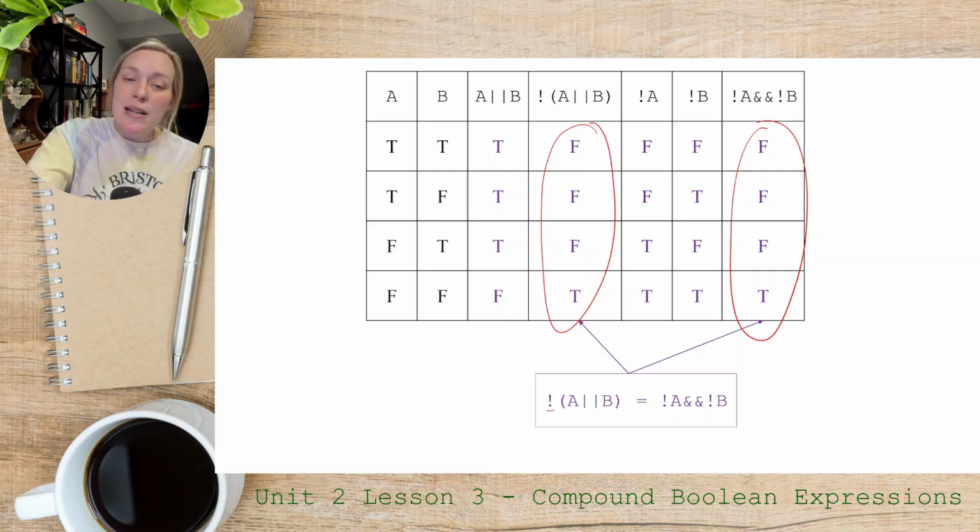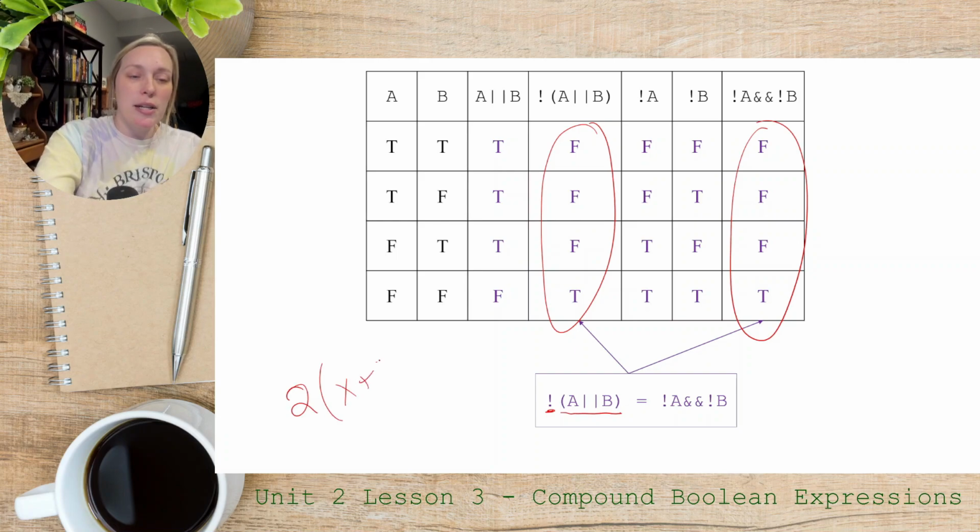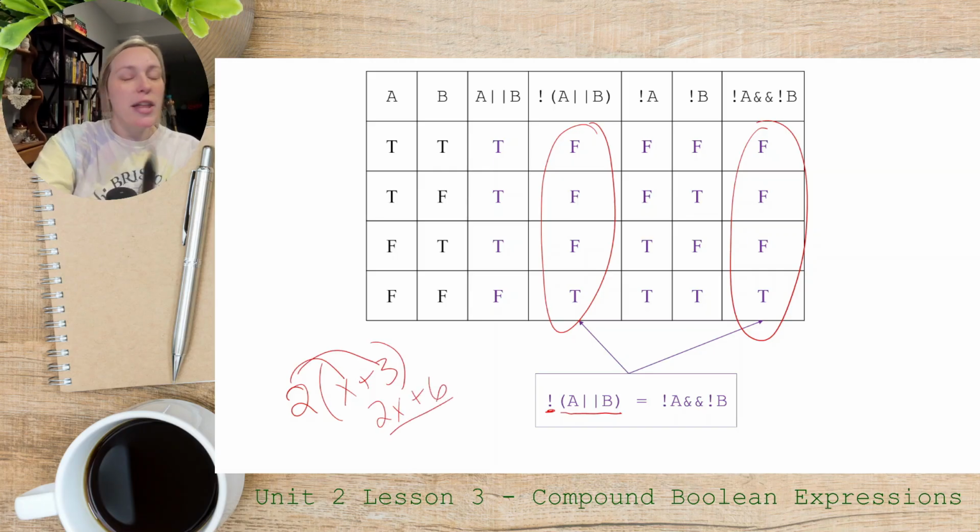So when you see this not symbol in front of this, okay, what you're taught in math class, right, is if you have 2 in front of x plus 3, you distribute the 2, right, and you get 2x plus 6. Perfect. That works well in math class. And a lot of the time students want to do that here.